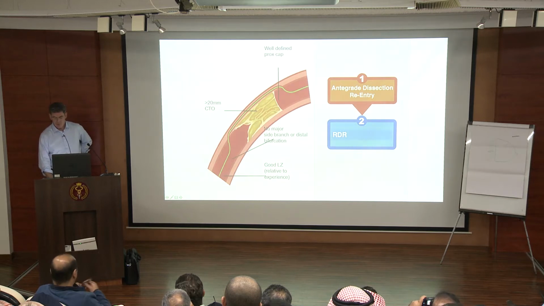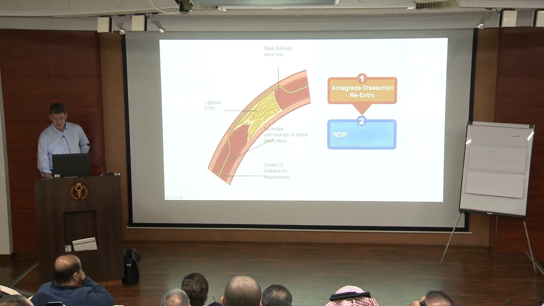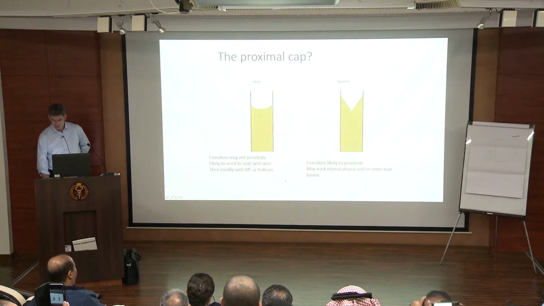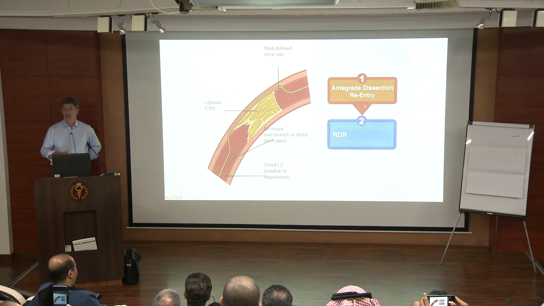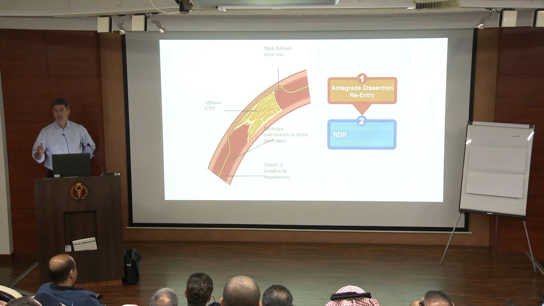So, you have a well-defined proximal cap, lesion more than 20, no major side branch or distal bifurcation, good landing zone, and obviously that's relative to your experience. The primary strategy there would be antegrade dissection re-entry, with bailout retrograde if required.